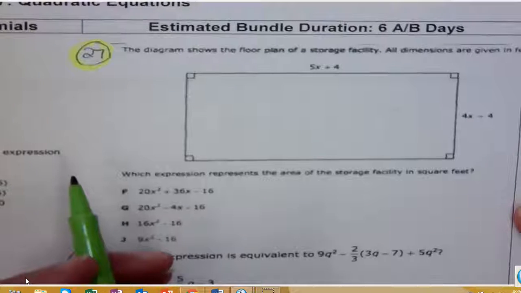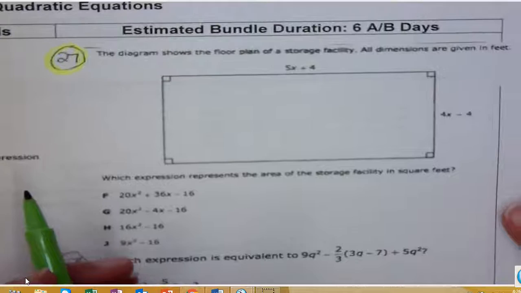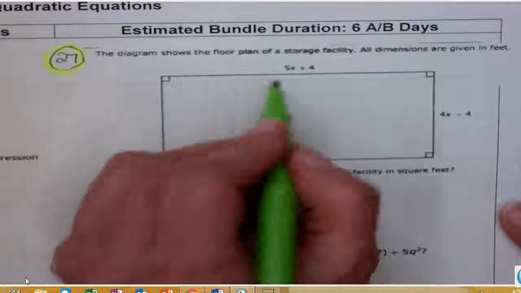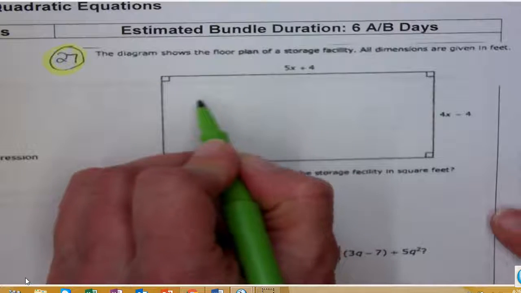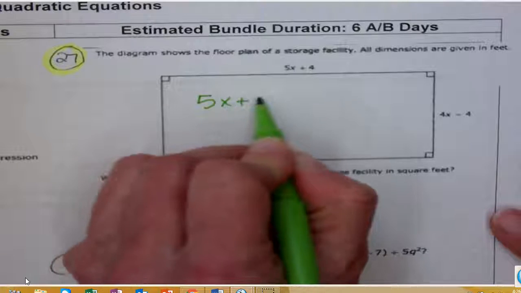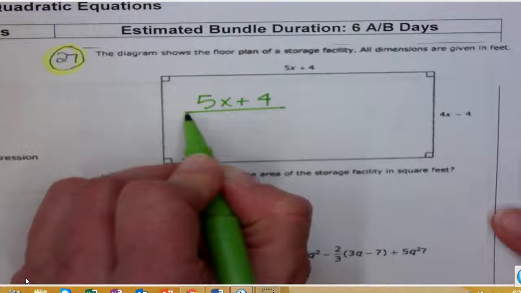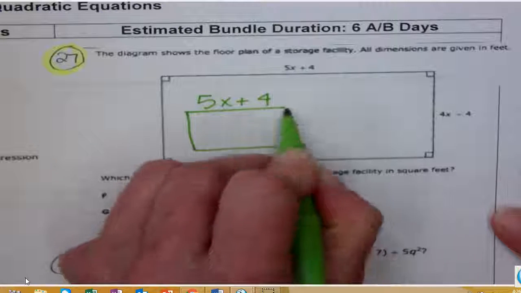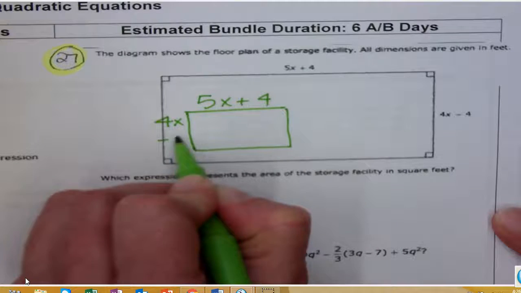What is the floor? Okay, the floor plan of this storage facility is in feet. So basically it's saying multiply 5x plus 4 by 4x minus 4.